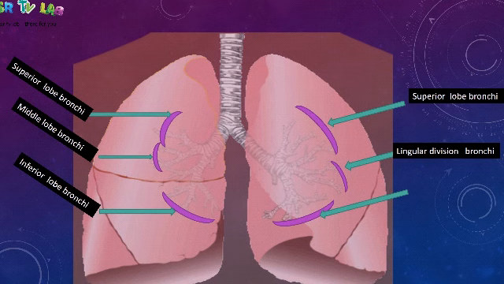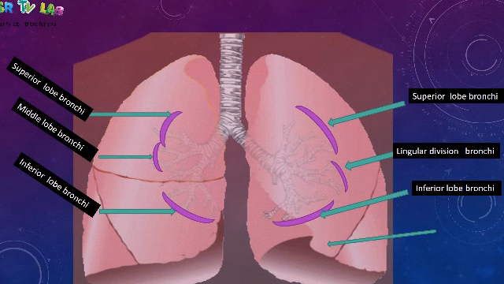Down here we see a group of bronchi that supplies air to the inferior lobe. Good. This is what we call the lingula of the lung. It is like a tongue of the lung. It is found on the left lung.